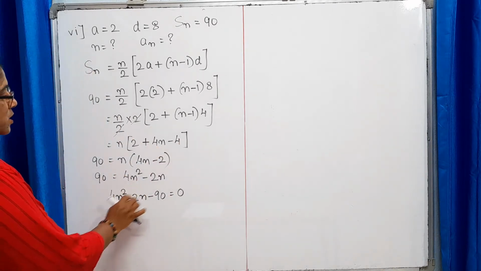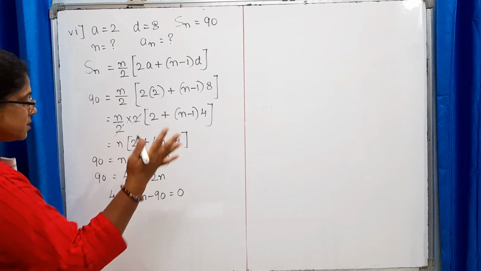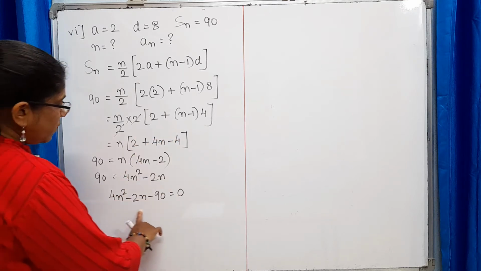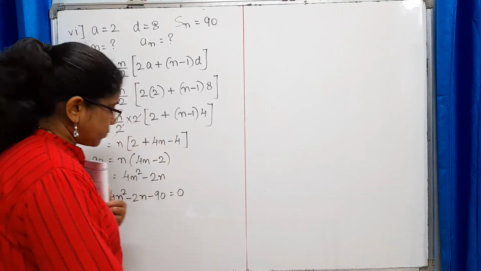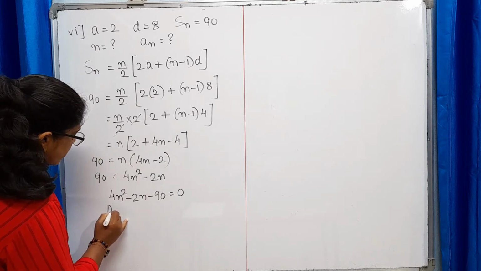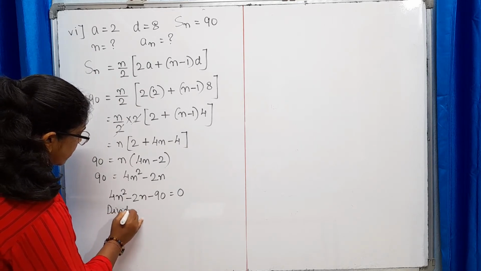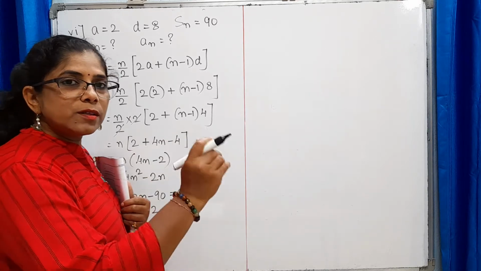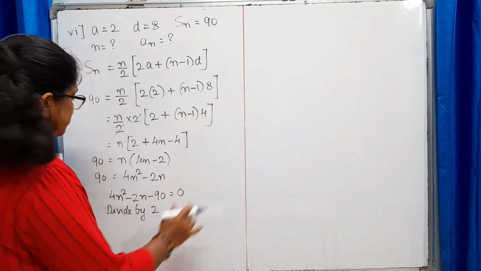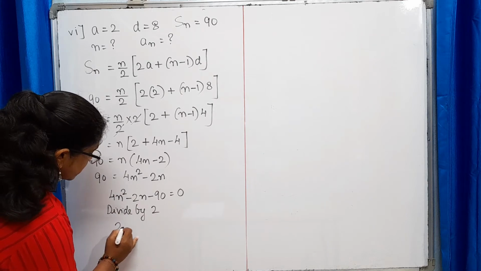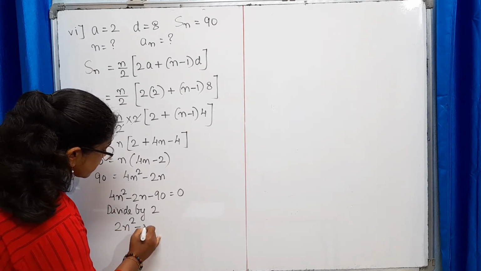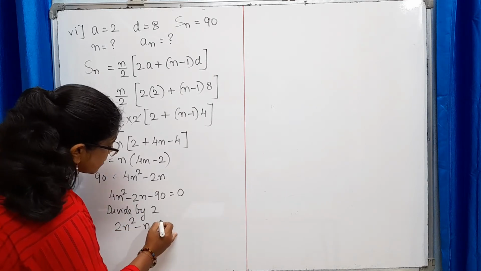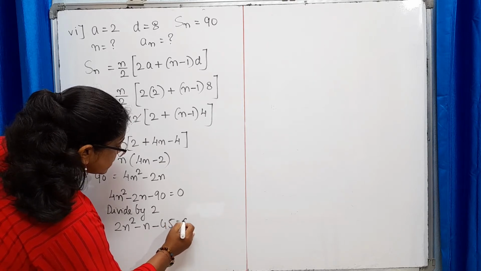So now here 4n square minus 2n minus 90 is equal to 0. Here we can divide this throughout by 2. Now why to do such things? To make our further calculations little bit easier. 2n square minus n minus 45 is equal to 0.